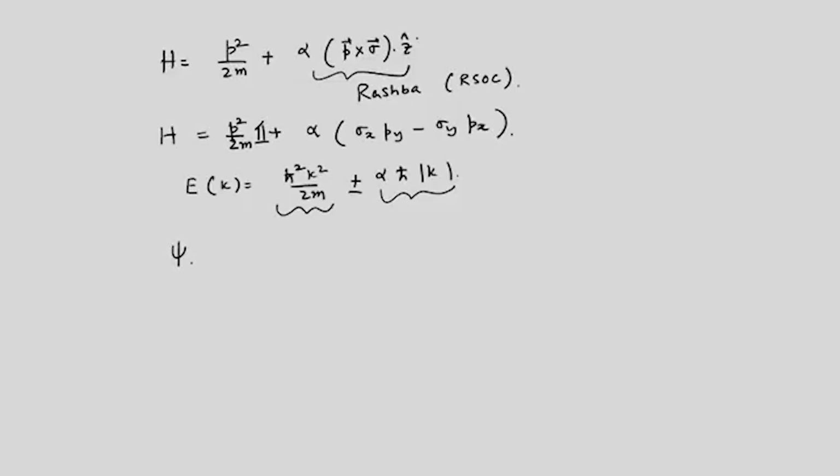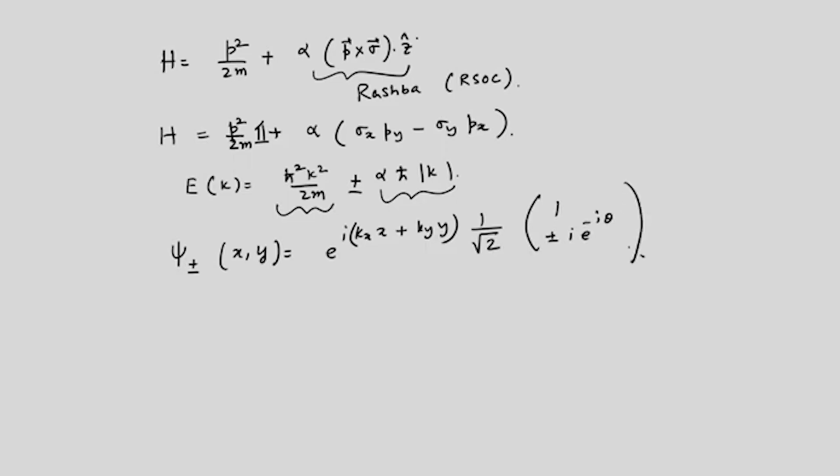The two eigenfunctions, written only in 2D, are equal to exponential i (kx x plus ky y), times 1 by root 2, times 1, plus minus i exponential minus i theta, and this theta is nothing but given by tan inverse ky by kx, where kx and ky are related to px and py, as px is equal to h cross kx and so on. So, this is the complete solution of the problem.